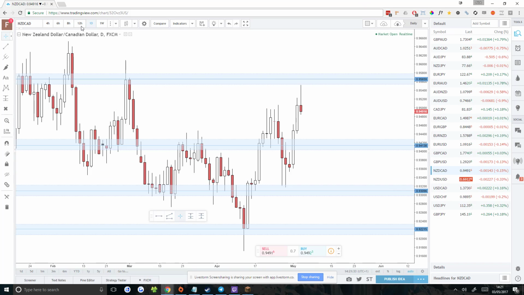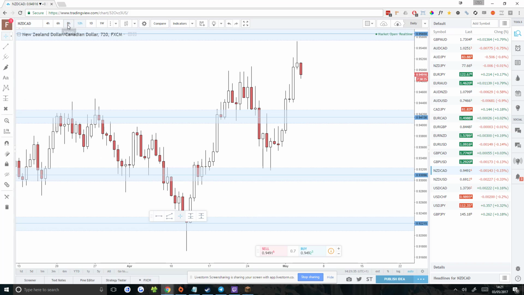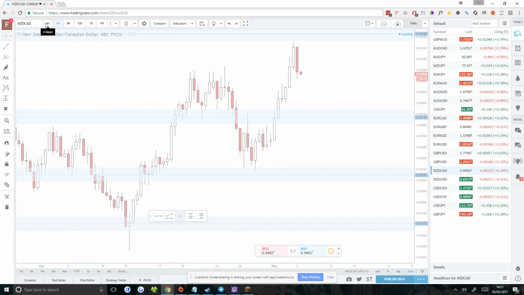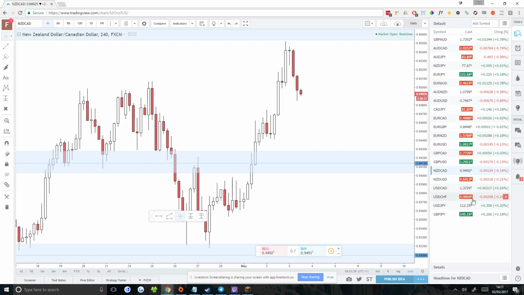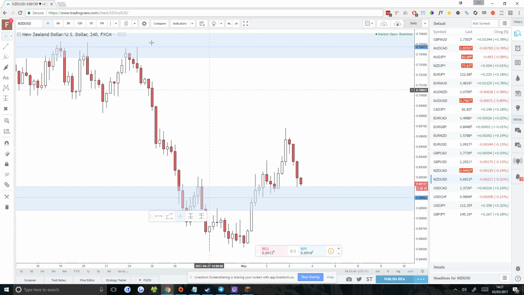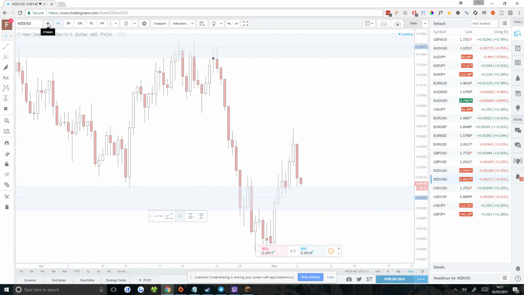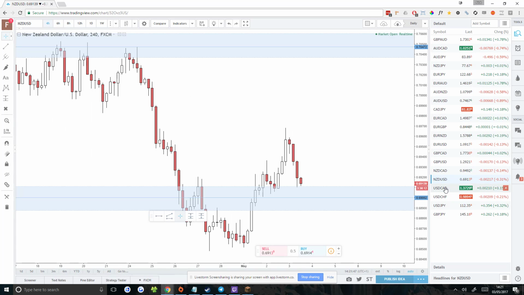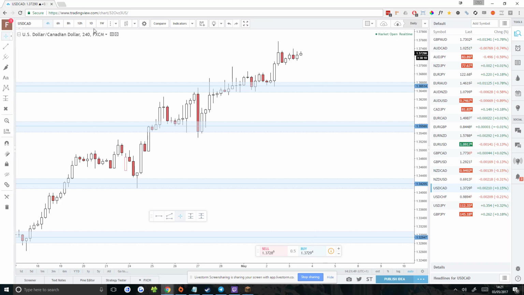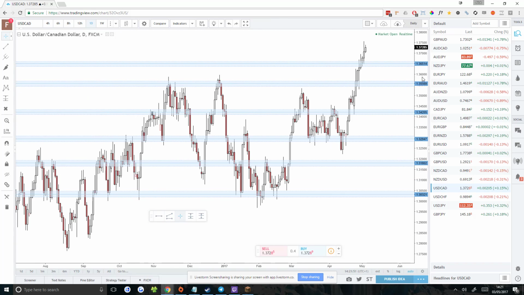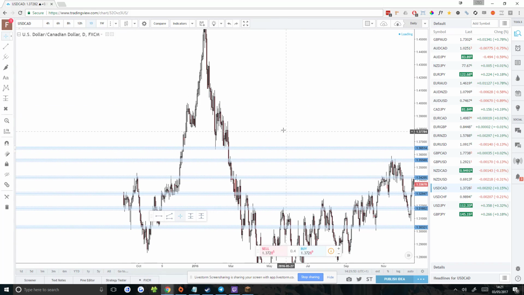New Zealand CAD. Nothing much. New Zealand USD. Nothing much. USD CAD. Broken above resistance. We need a new area for this one.